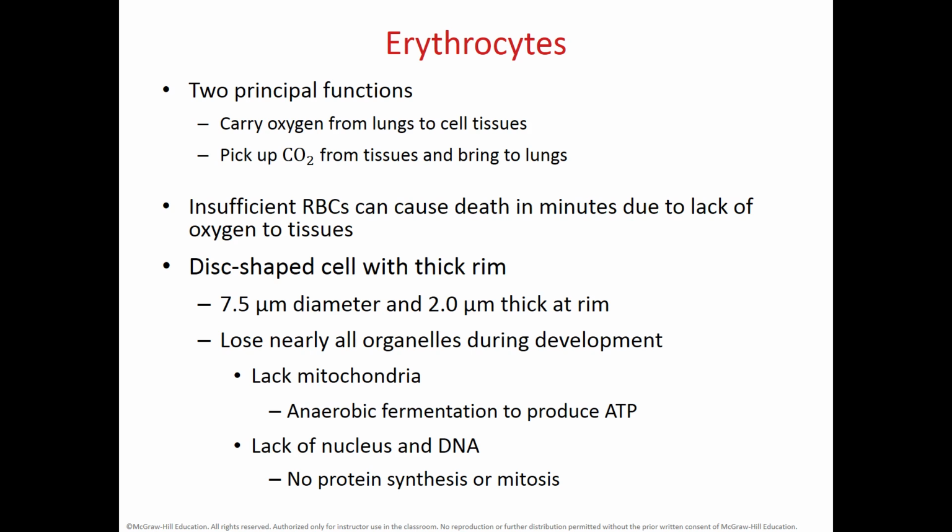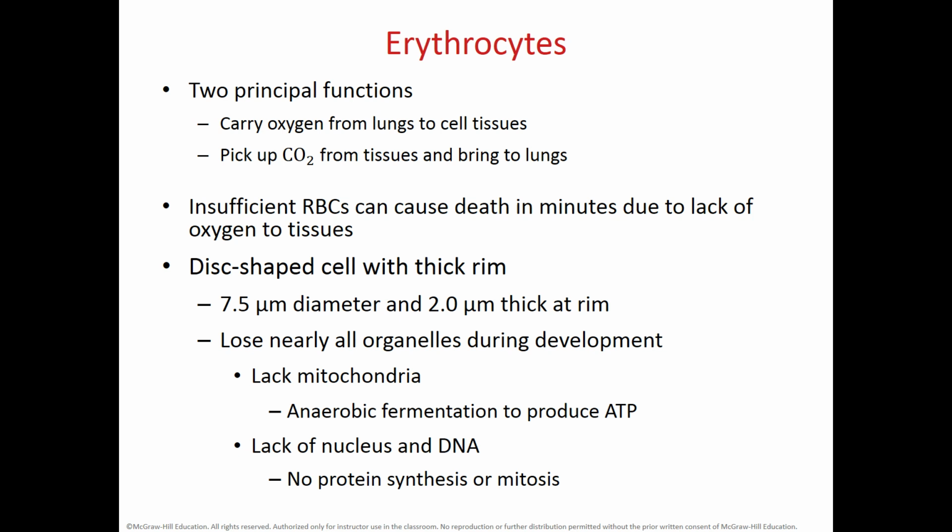The shape of the erythrocytes is a disc, and the diameter from side to side of this disc is 7.5 micrometers, and the thickness at the edge of this disc is 2 micrometers. Within the red blood cells, you have basically most of the organelles of all the cells of the body, with the exception of mitochondria and a nucleus.